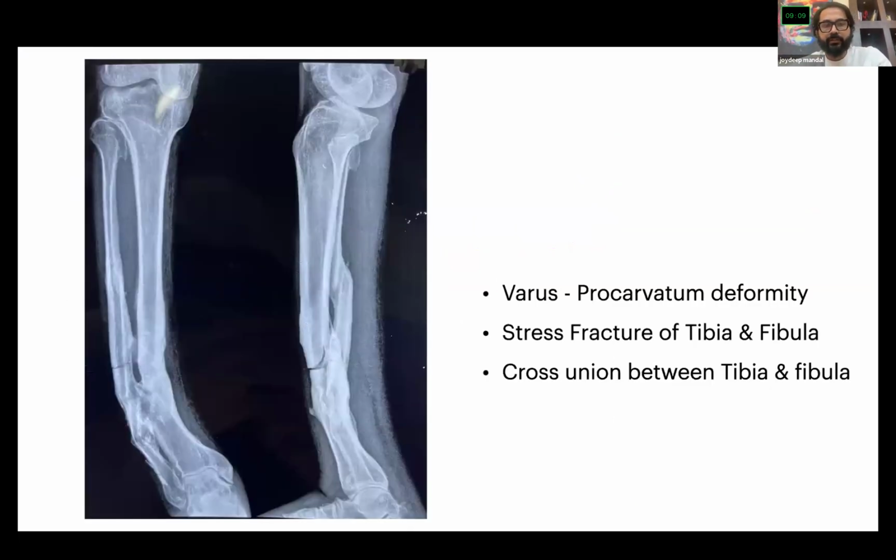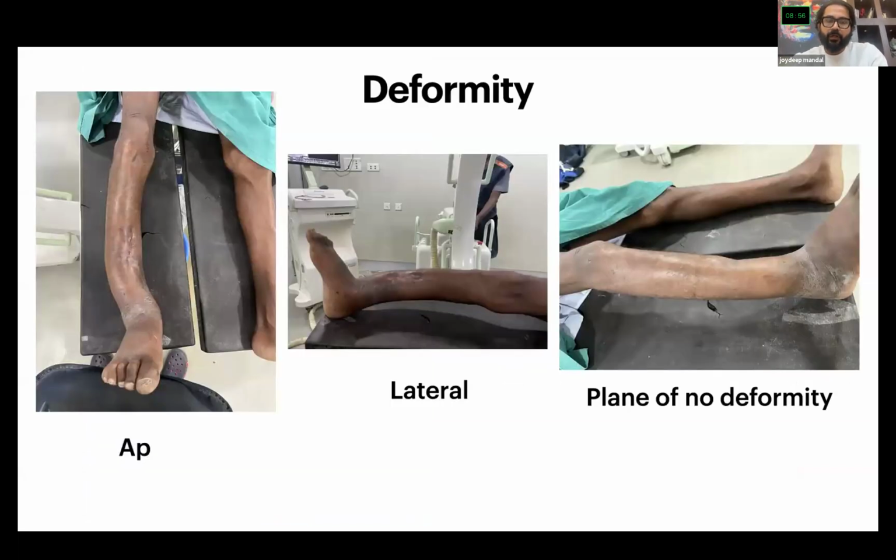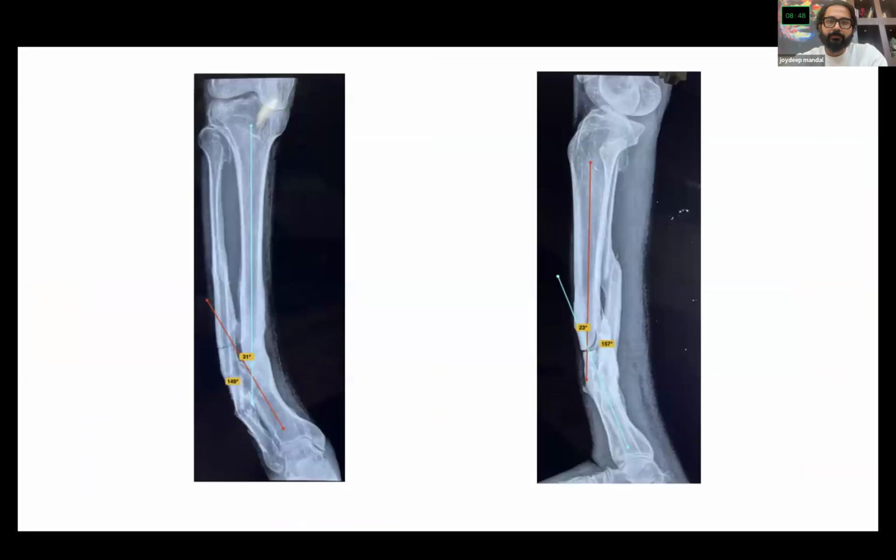This is the X-ray at presentation that shows a varus and trochanteric deformity with a fracture of tibia and fibula, and there is an area of cross union between tibia and fibula also. These are the deformities in AP and lateral, and there is a plane of no deformity. So that's an oblique plane deformity.